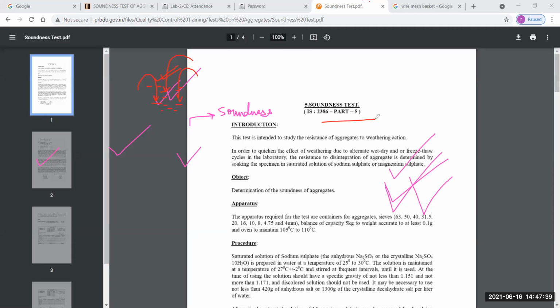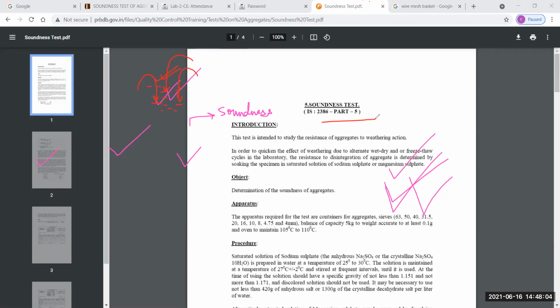Next is your freezing and thawing action. Next is your change in temperature. Next is your humidity. So these all things play a role of weathering action for your aggregate, and from these all we check the resistance of aggregate to weathering action.